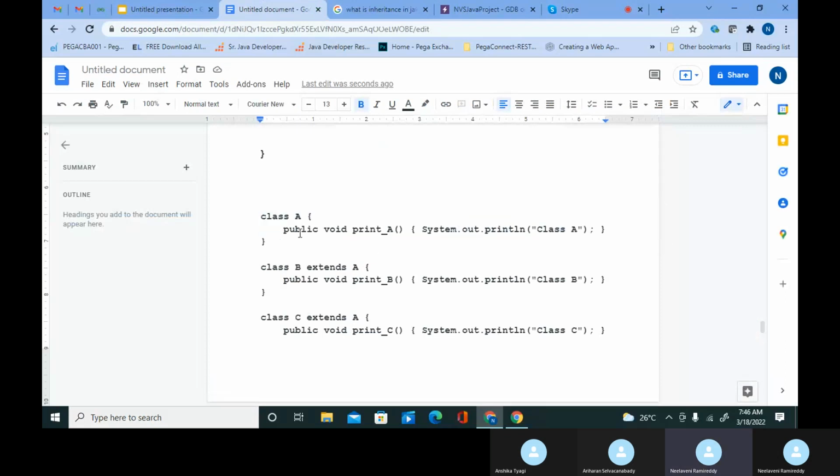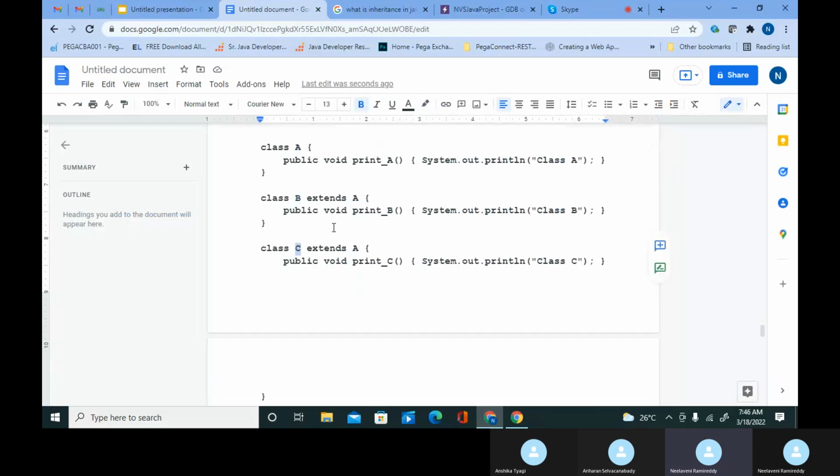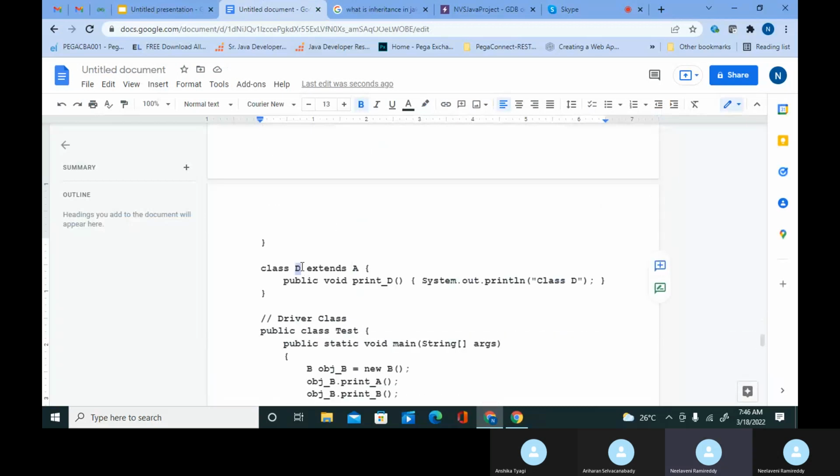I'm going to extend class A. System out println something. In my print B, I have a method printing system out println class B. Again, the same parent class I'm extending from C, and the same parent class I'm extending from D also.